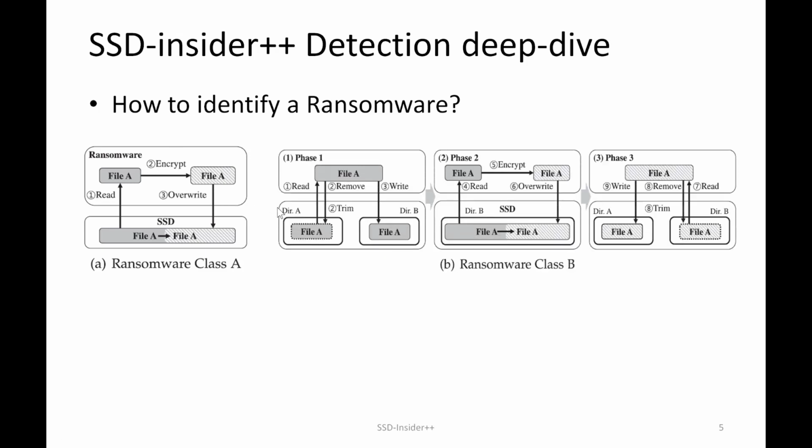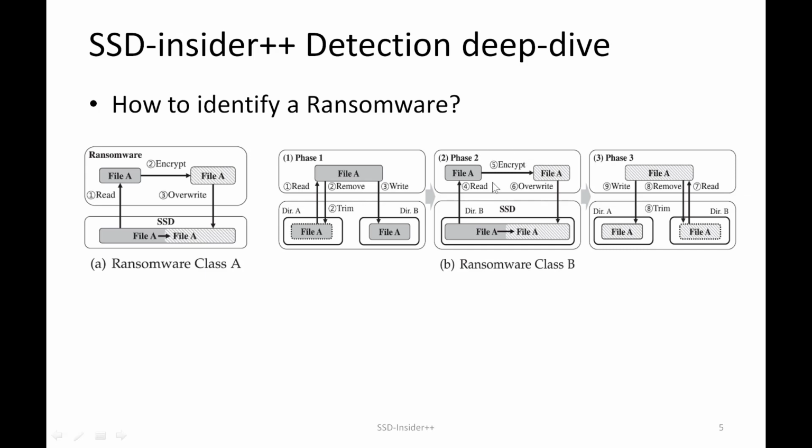But there are a few other ransomwares which are not so easily identified. So here is another class, class B, which has three different phases. In phase 1, it reads a particular file A and deletes that particular file. Right? It will write that file into another location. In phase 2, it would read that file from the new location, encrypt it, and overwrite it.